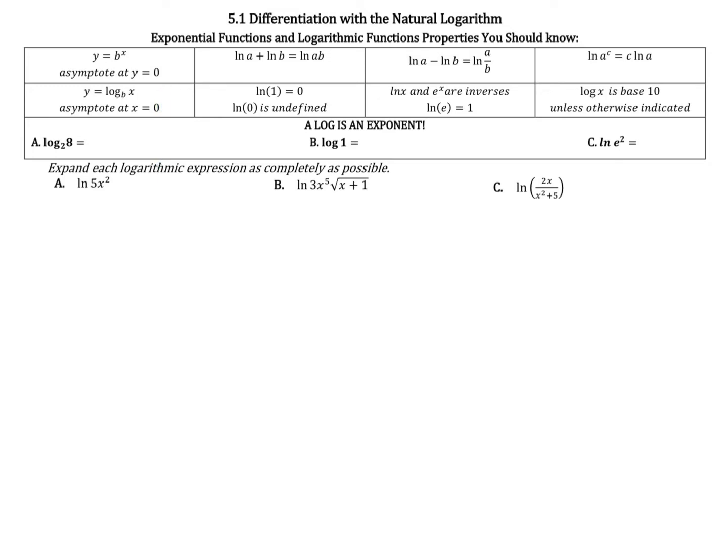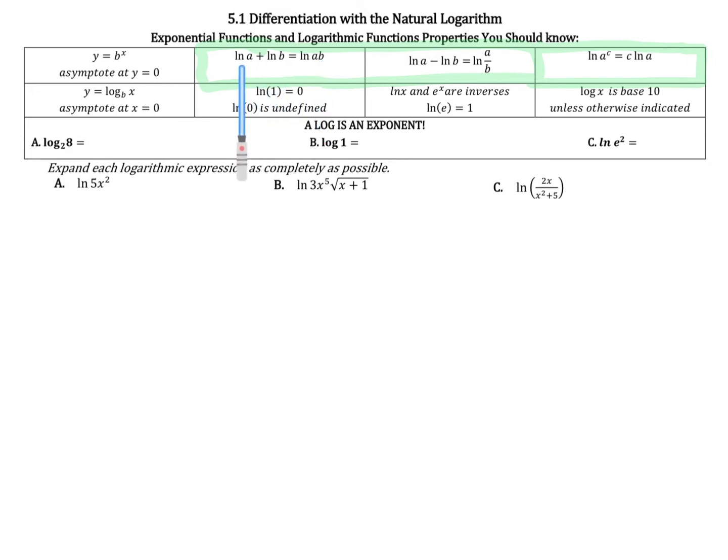The next couple properties I want to make sure you take the time to look over are these two here, which are about expanding and condensing, and actually this one too that involves the exponent, the power. In order to expand or condense logarithms, which is probably the property that we're going to use the most in this section, you need to know that if we are adding two logarithms together and they have the same base, so in this case natural log, addition and multiplication go together.